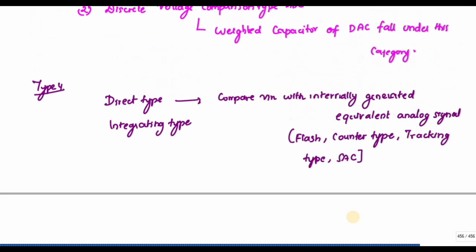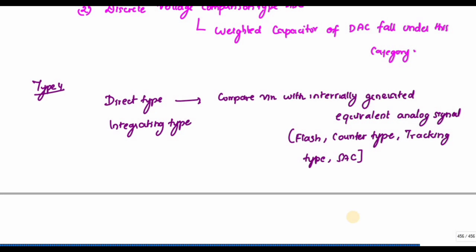The integrating type will perform the analog to digital conversion in an indirect manner. This is a special case of converters, which use either a reference voltage or integrate the signal during the conversion. Therefore, it does not require any sample and hold circuit at the input. This process of integrating the signal, and integrating ADCs, are suitable for very low frequency signals.